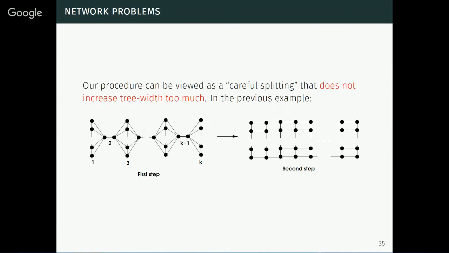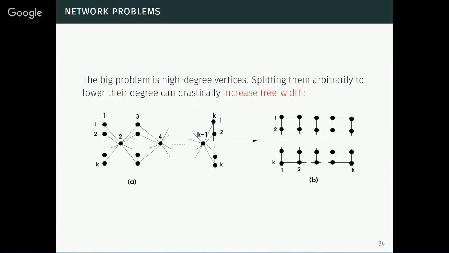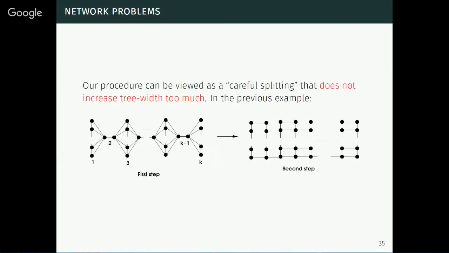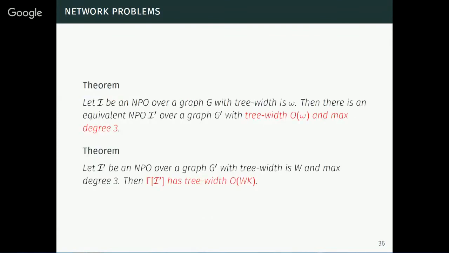In the previous example, instead of doing this vertical splitting, you can first split them like this, horizontally, and then vertically, which seems very random. But only doing that, you'll get a new graph where now you don't have these edges right here. There's only one, and you can prove that this also has small tree width. So that's the whole point of what we prove in this part.